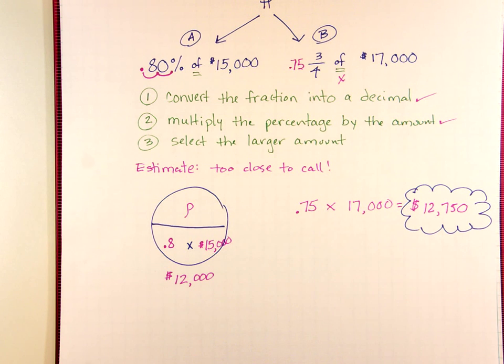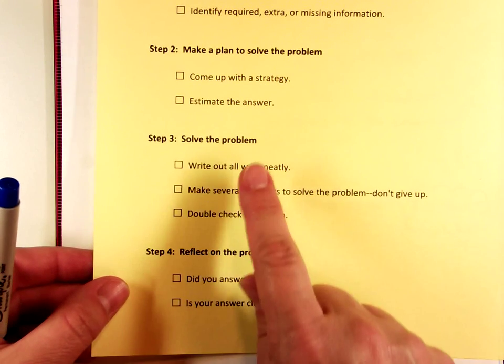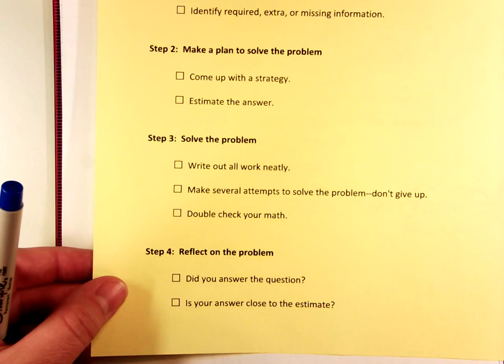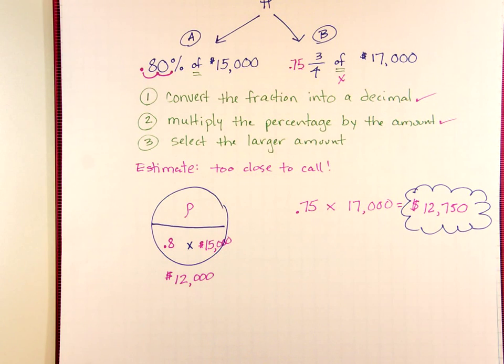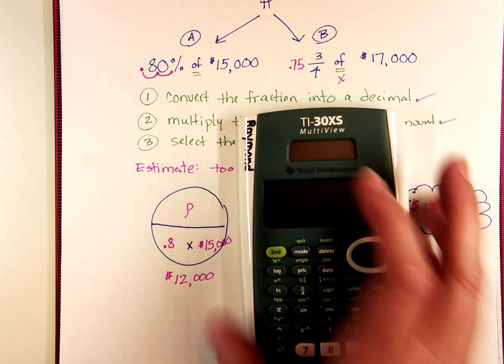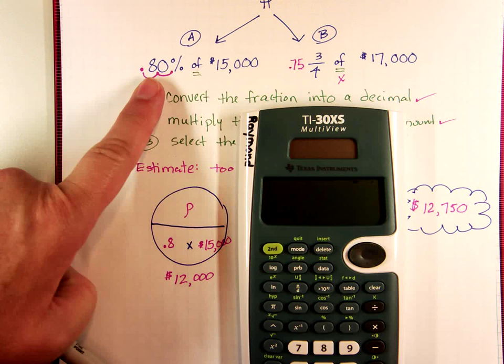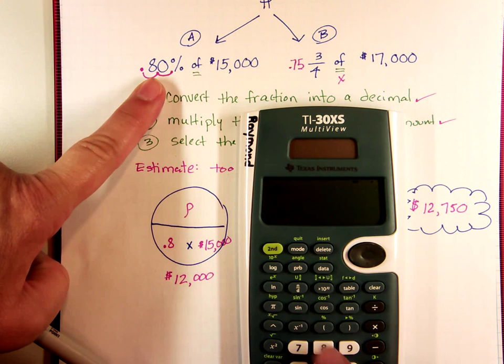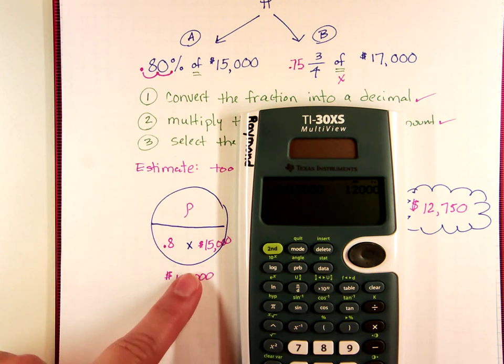Let's go back to our word problem checklist now. We solved the problem, wrote out our work, we made several attempts, we didn't give up. Double check your math, we could do that. That's always good to do. What I'm going to do is go back up here, and I'm going to just multiply it out the shortcut way. 0.8 times 15,000, 12,000.